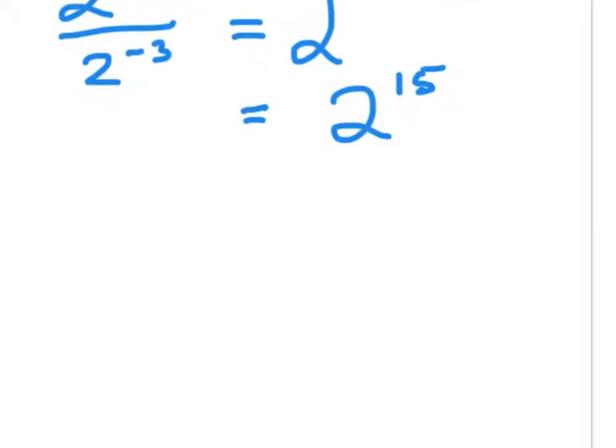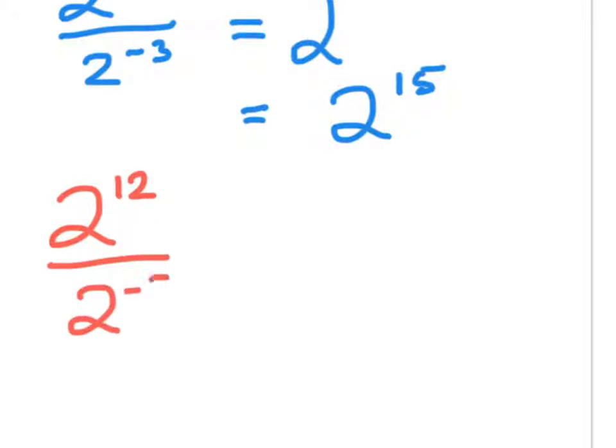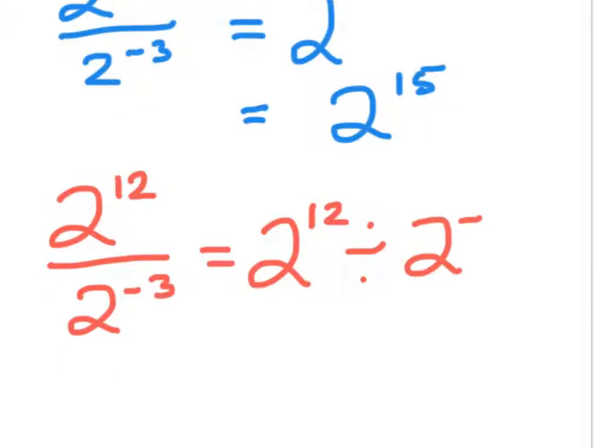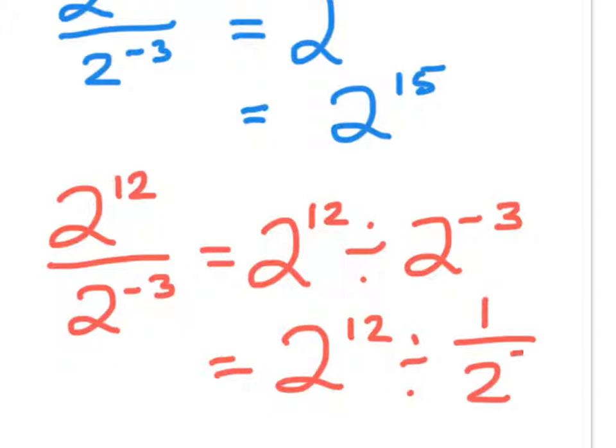Okay, if we have 2 to the power of 12 divided by 2 to the power of minus 3, instead of writing it as a fraction, I'm just going to write it like division. That's 2 to the 12 divided by 2 to the minus 3, which is 2 to the 12 divided by, well, 2 to the minus 3 is 1 over 2 to the power of 3.